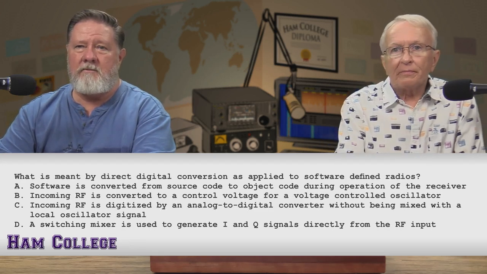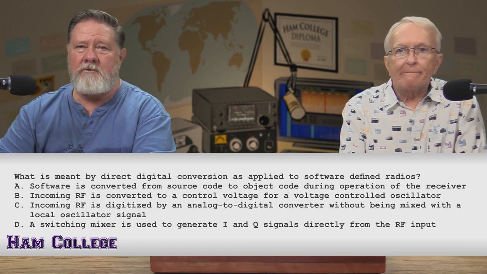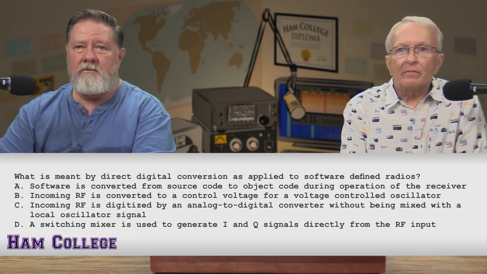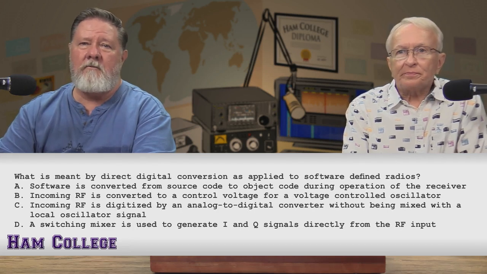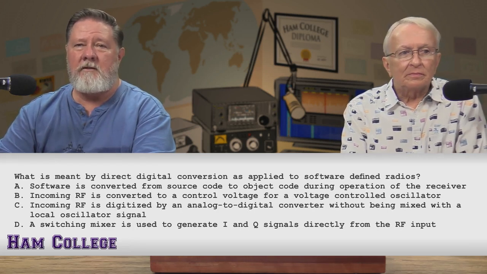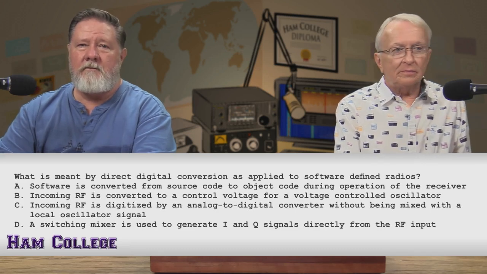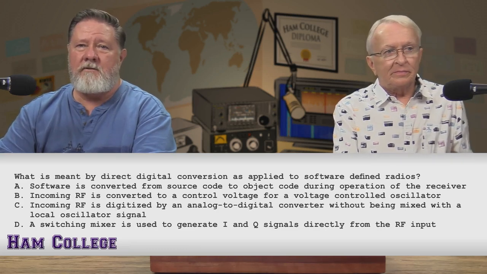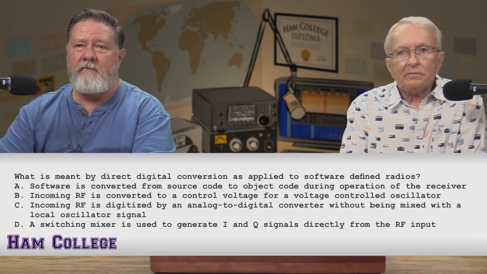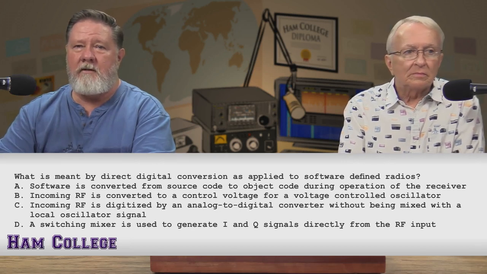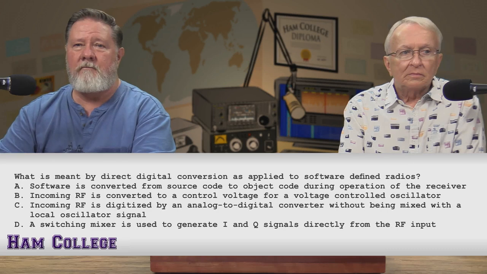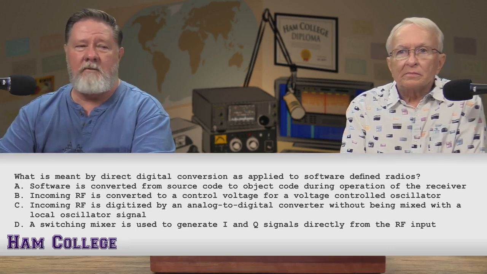That seems plausible. Switching mixer is used to generate I and Q signals. I'm going with C because I think the others are not it. C, incoming RF is digitized by an analog to digital converter without being mixed with a local oscillator signal. The analog to digital converter is what's grabbed me.